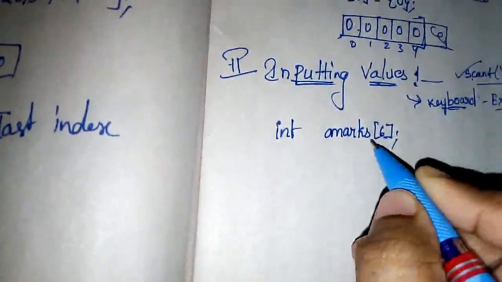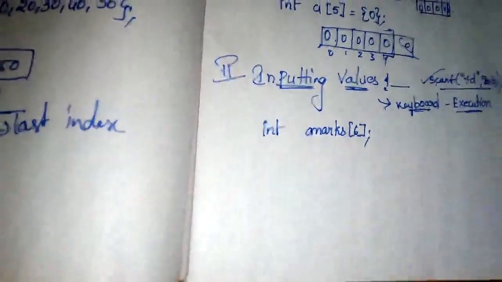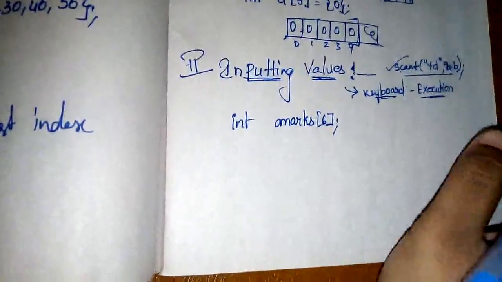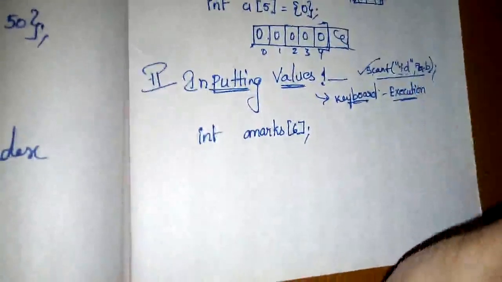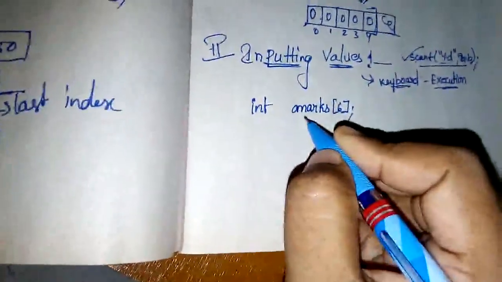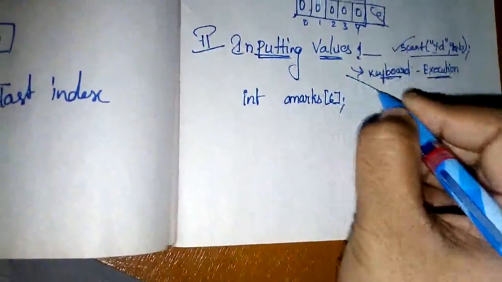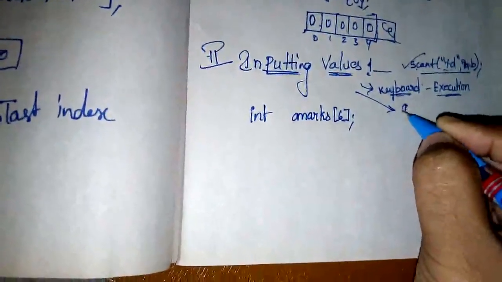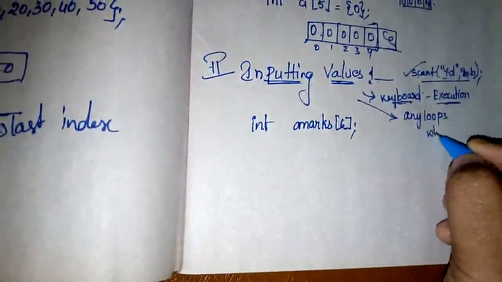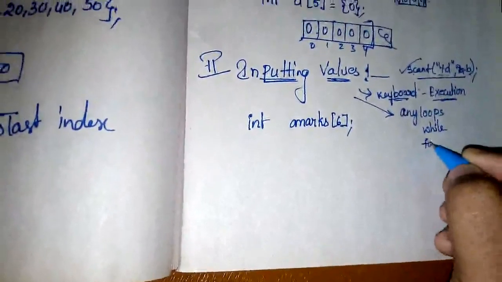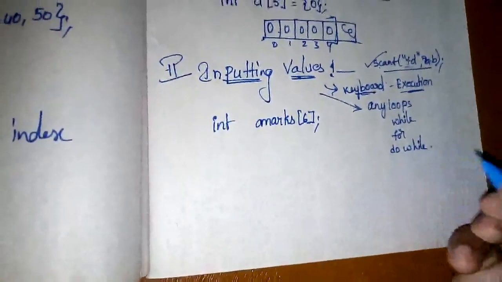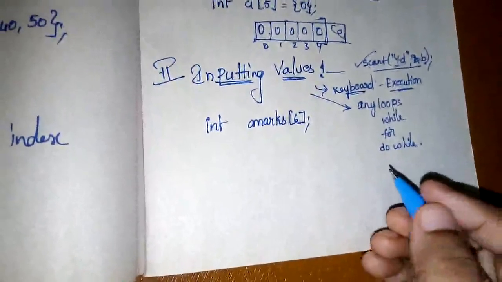For normal variables, we need to write 6 scanf functions or 6 specifiers in a single scanf function. Whereas while using arrays, in order to input values, you can use any of the loops available. That is, it may be either while, for, or do while. Either of the loops you can use in order to store values into the array.